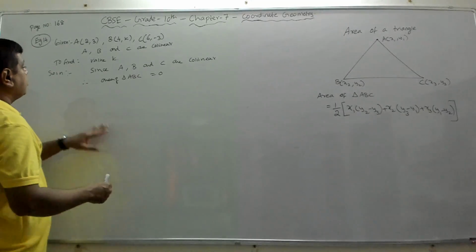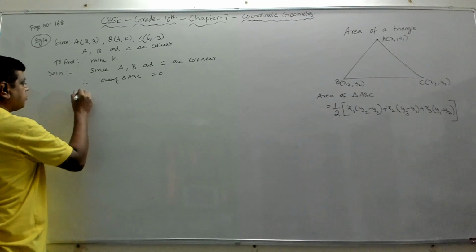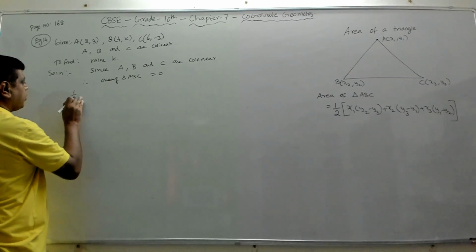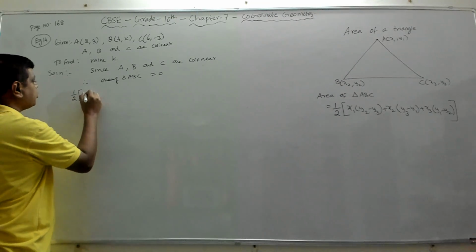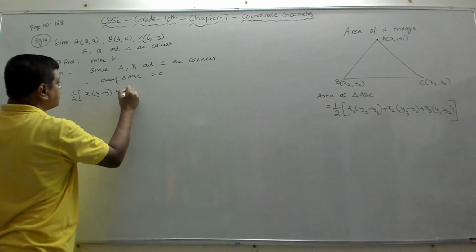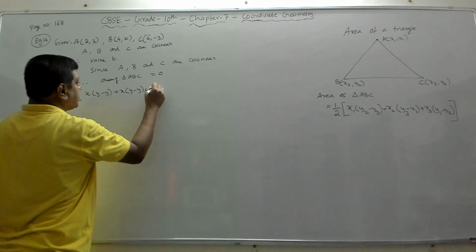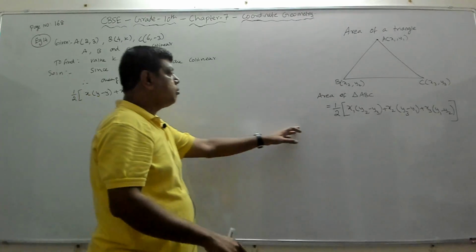So now let's know what is the area of the triangle formula. Formula is 1 by 2 of x1. So we can also write this formula in a very easy way. What we can do is we can put x, y minus y, then plus x, y minus y, plus x, y minus y. I'm just telling you how to write this formula easily.